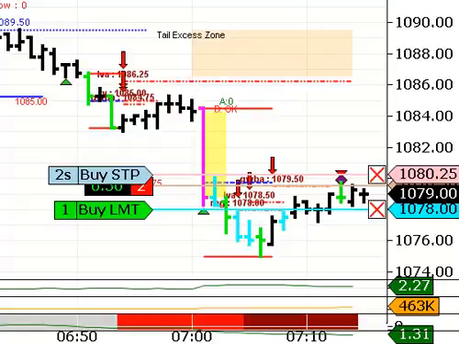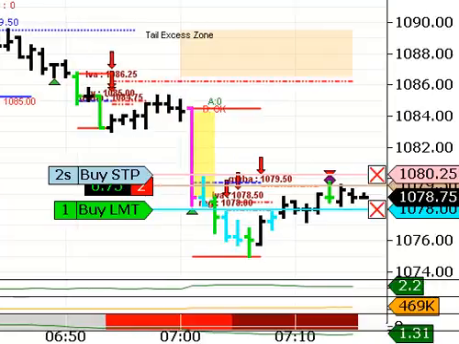So we're just waiting to see if this can dip on down and hit 78, and if it can, then we will move our protective stop to break even, which is our short entry on this trade at 79.50.